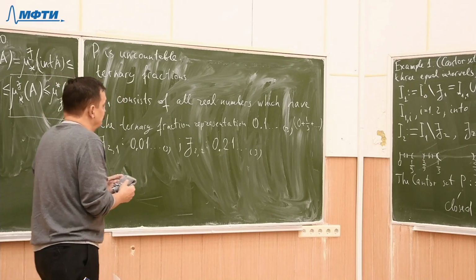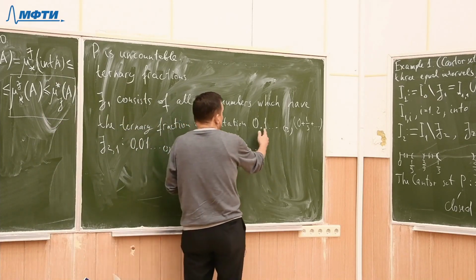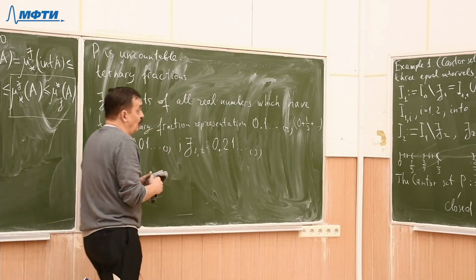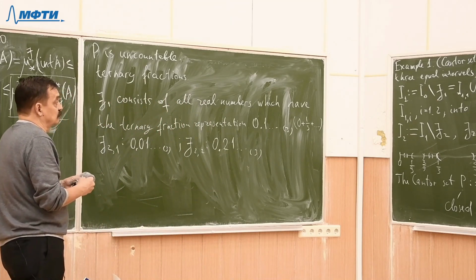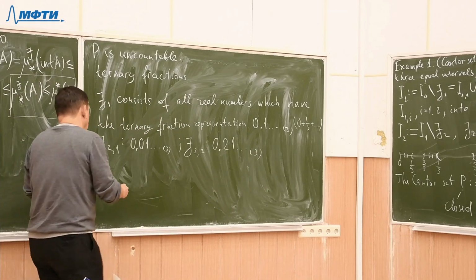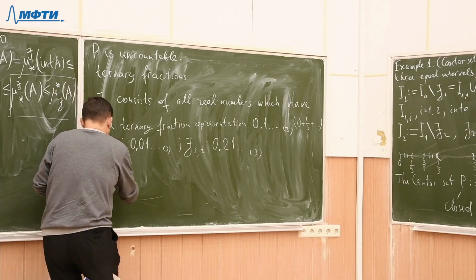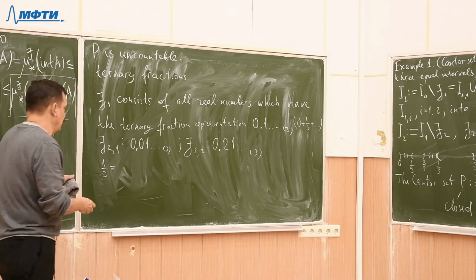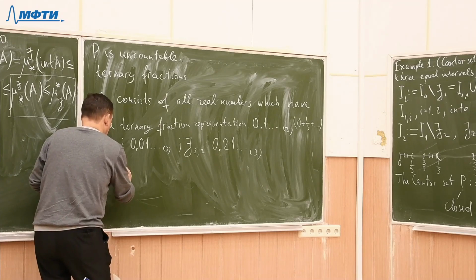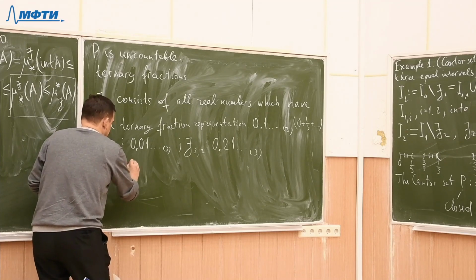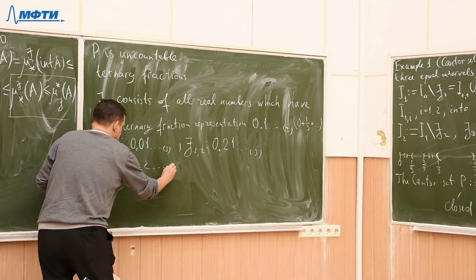So you see, it means that, by the way, 1/3 can be represented without 1 like 0.0222222.